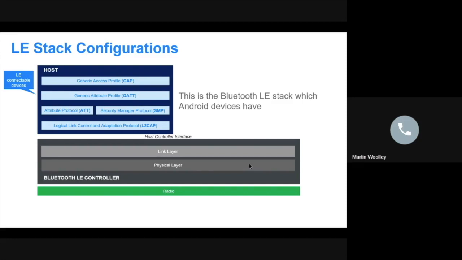The way those procedures get conveyed and executed involves a conversation that takes the form of attribute protocol PDUs, protocol data units, being exchanged by the two devices. So when you call an Android API, what you're really doing is driving a GATT procedure, which will be executed in terms of one or more exchanges of attribute protocol PDUs. That's what's going on behind the scenes.